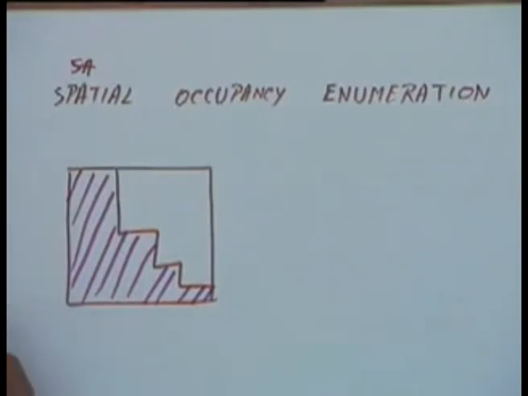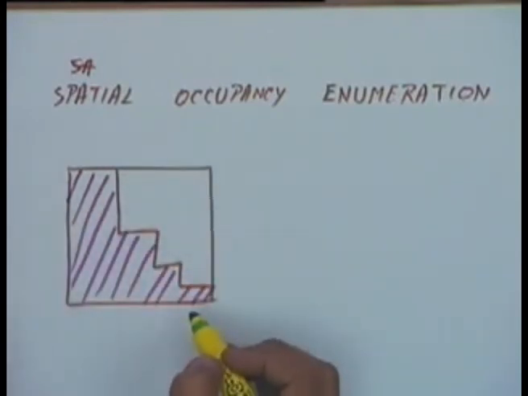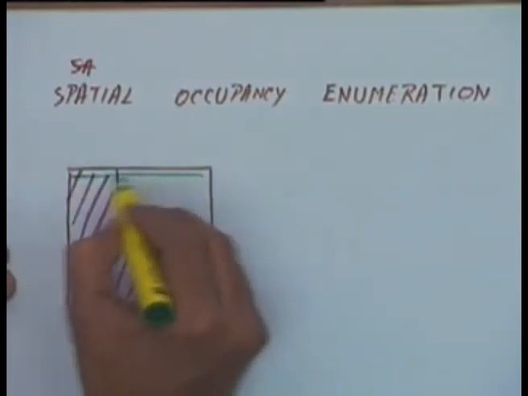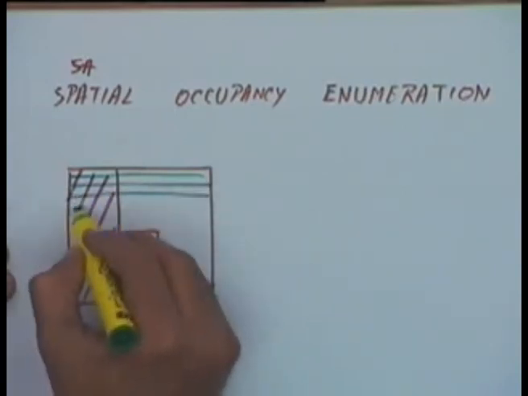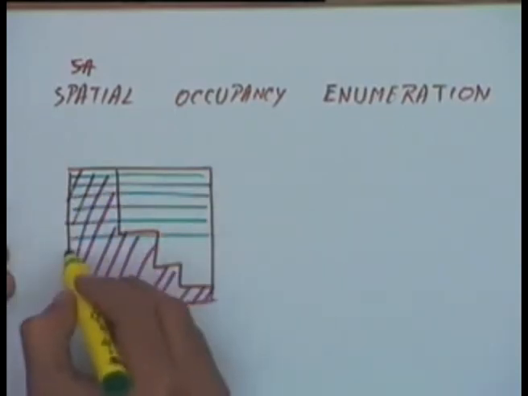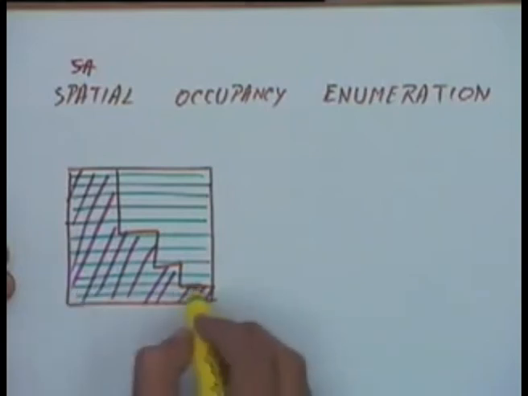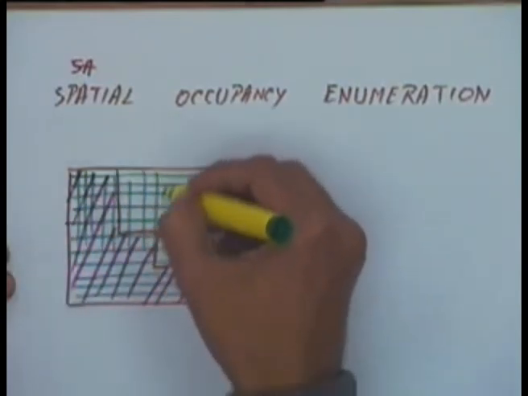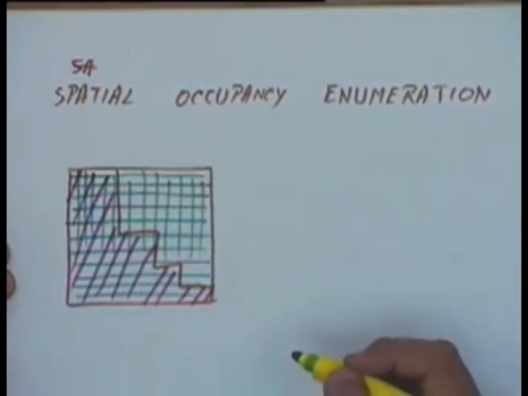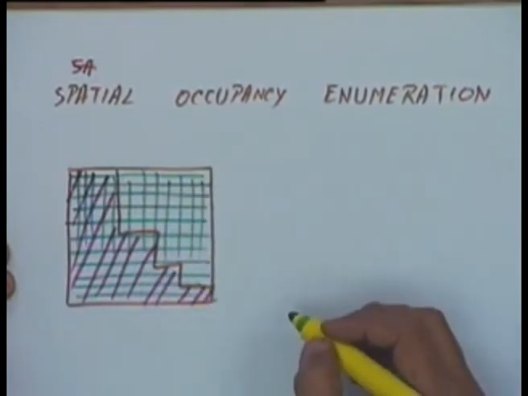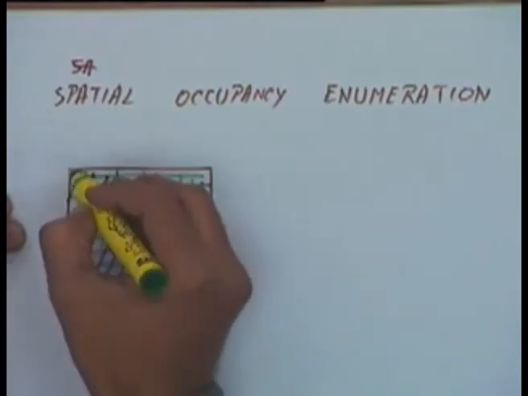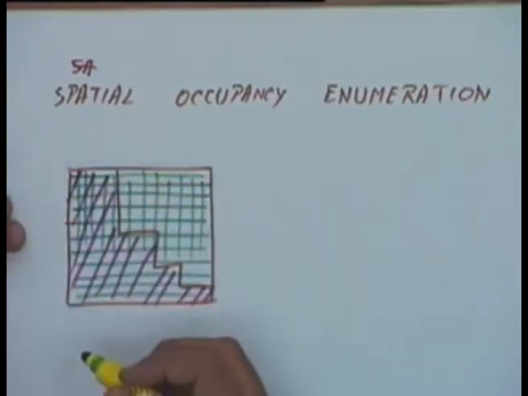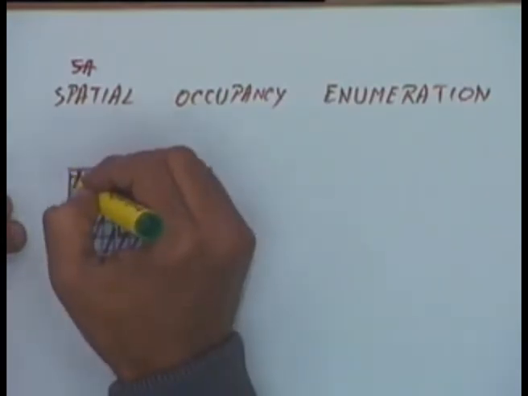What we can do is divide the limits of this surface into a set of very small squares, an array of squares. Then for each of these squares, you can say whether the surface exists there or does not exist.